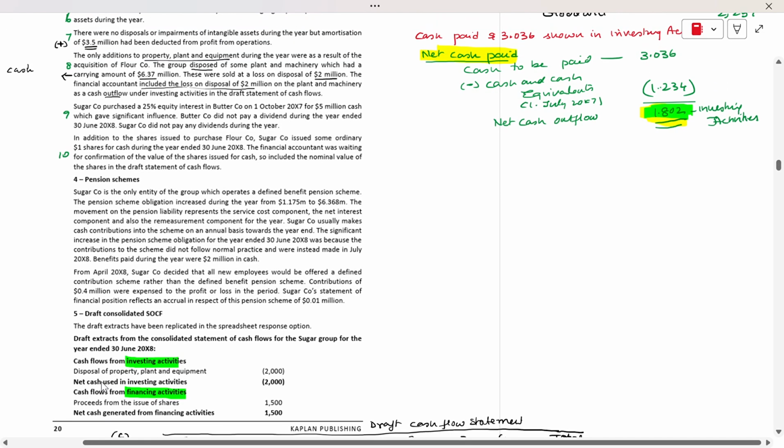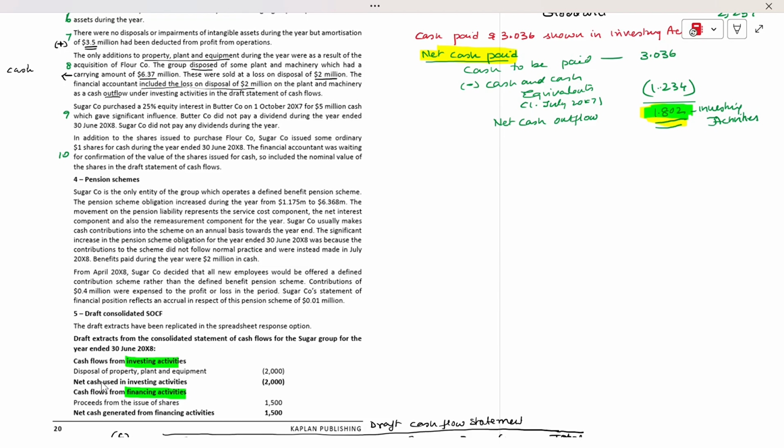Point number 9 is done. Anything with respect to point number 10? In addition to the shares issued to purchase Flour, Sugar issued some ordinary shares for cash. How much have they issued for cash during the year?